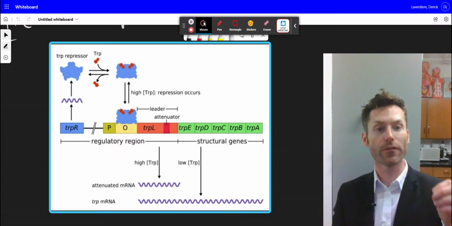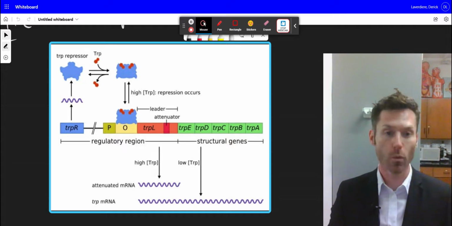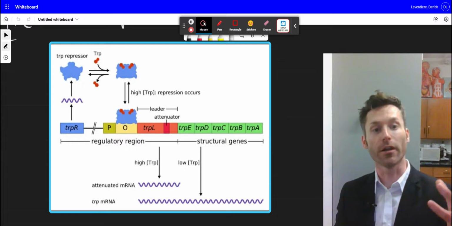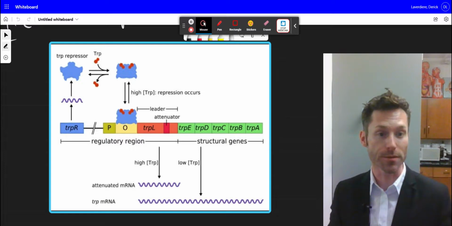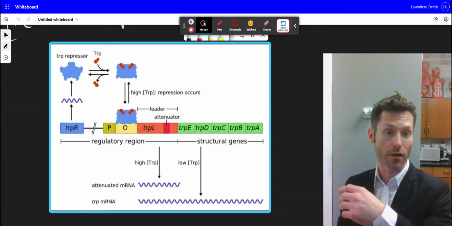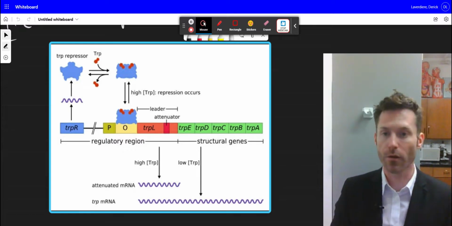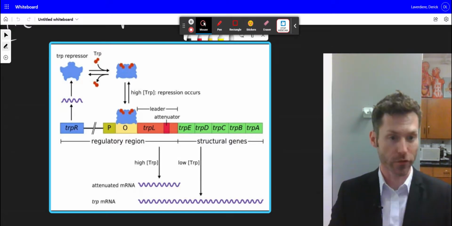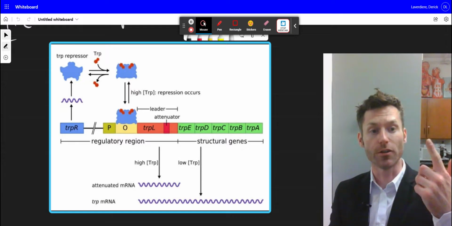And it's not going to fit until we modify it. Right? Whereas if this is an operator that's usually off, that repressor is going to be generated in a way that fits as soon as it's made. And it's going to stay stuck there until we modify it so that it falls off. Right? And so the molecules that we use as secondary modifiers of this repressor are called co-repressors and inducers.